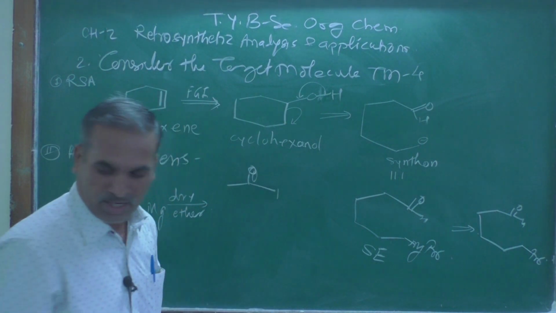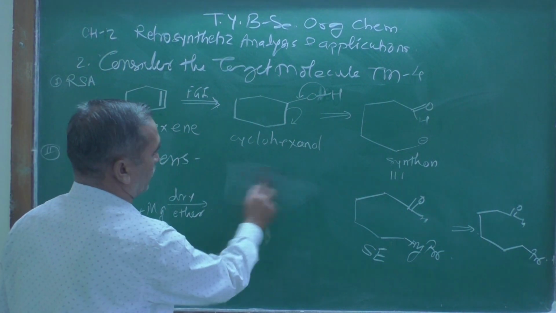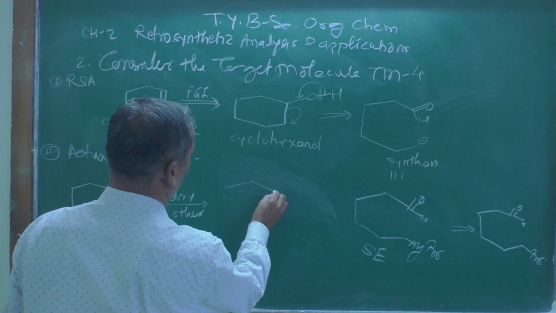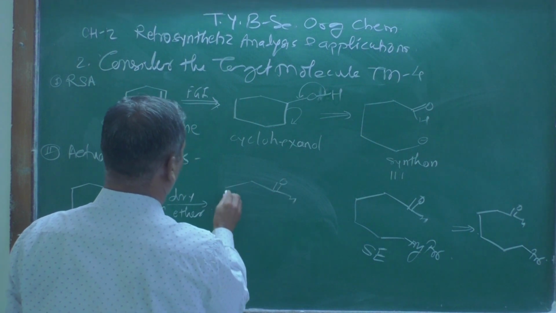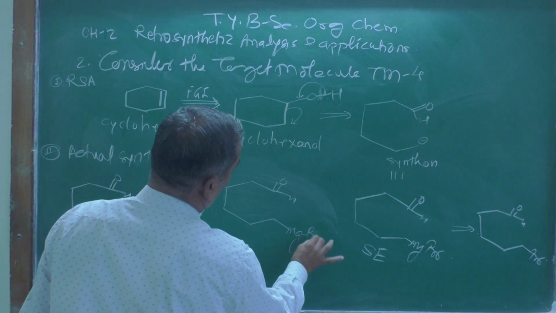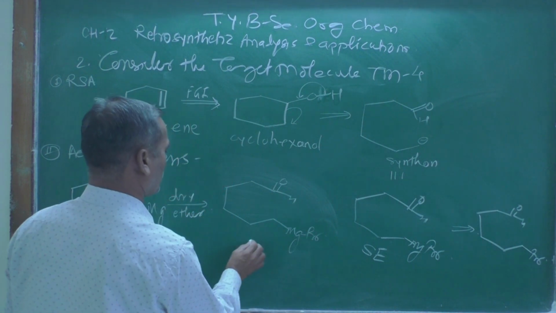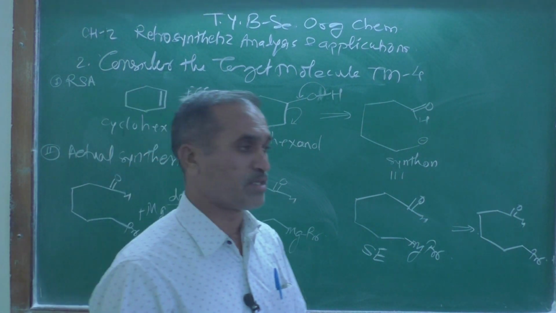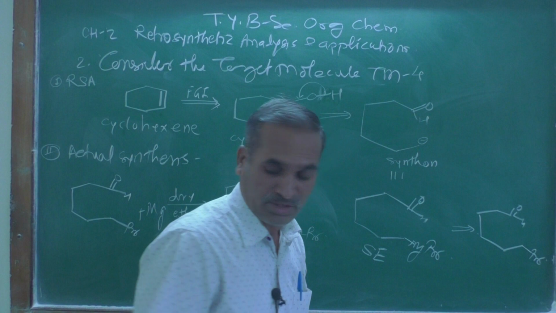Let me draw properly here so that you can see this clearly. Here C double bond OH, then here we insert the metal, and this complex is known as a Grignard's reagent. Gr here means nothing but Grignard's reagent, in short.